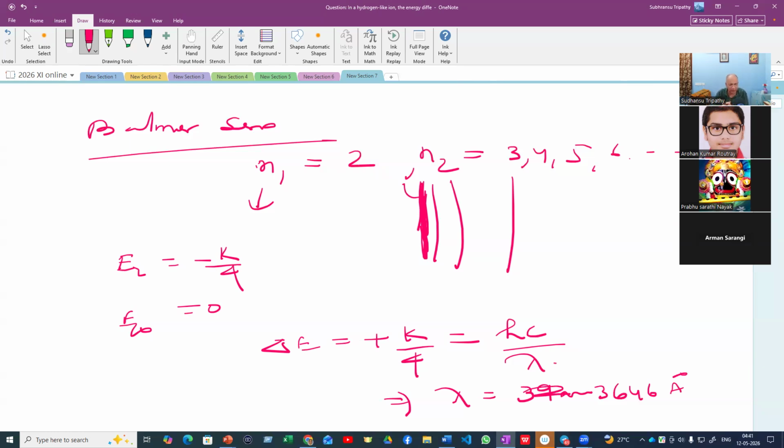So it is on the borderline, and strictly speaking it will fall in the UV region, the last part of the UV region, because we started our visible range at 3,800 to 7,600. So if you take that range as visible, it falls in the UV region, doesn't matter. But that is the wavelength.